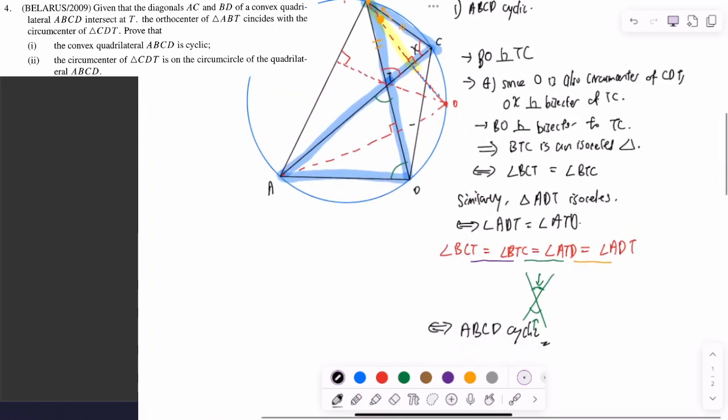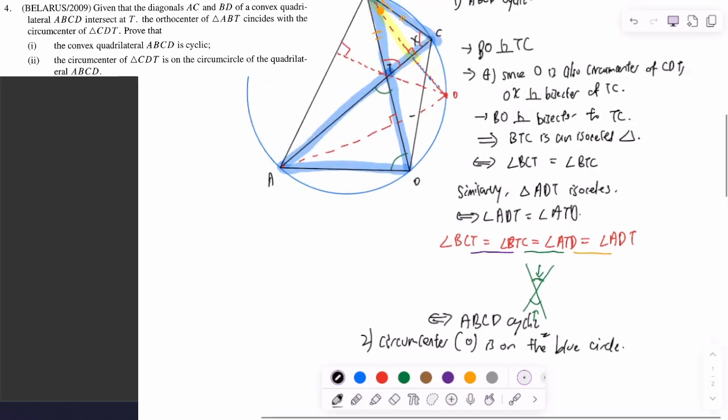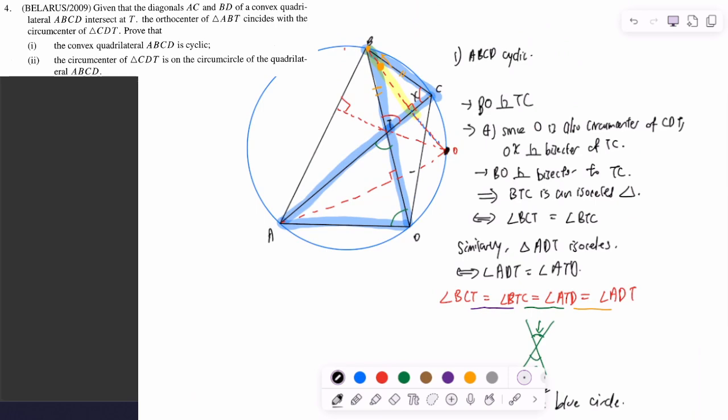Now, the second part is we have to prove that the circumcenter, or in our case just point O, is on the blue circle, this point. So a way to do that is, if you realize, let me just mark this out in green.